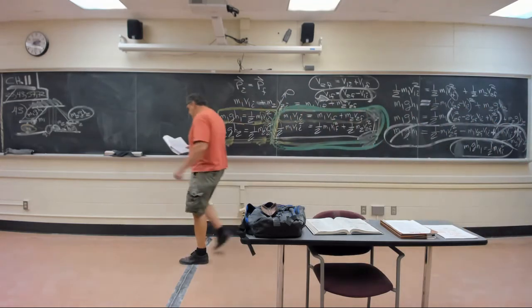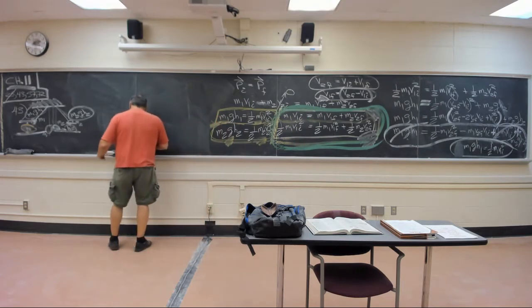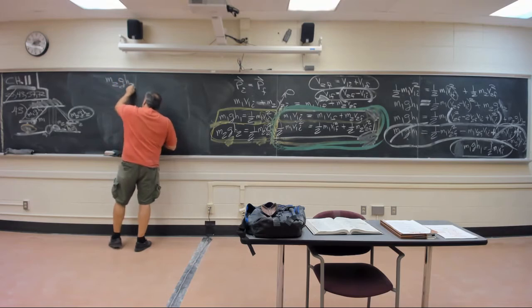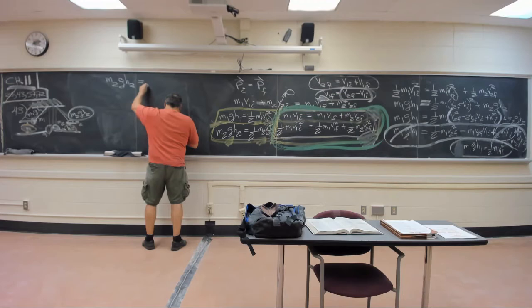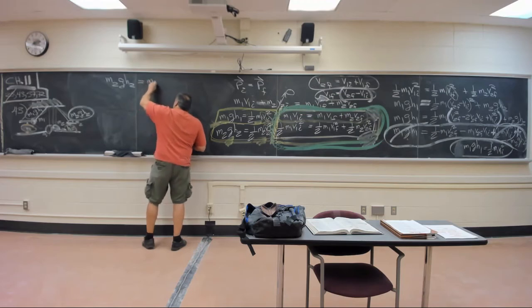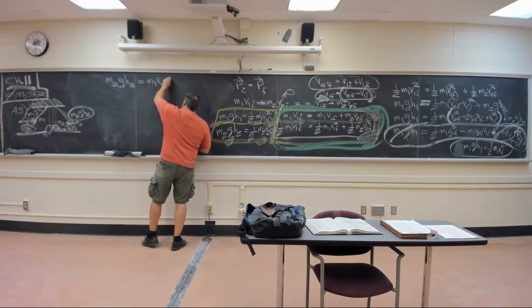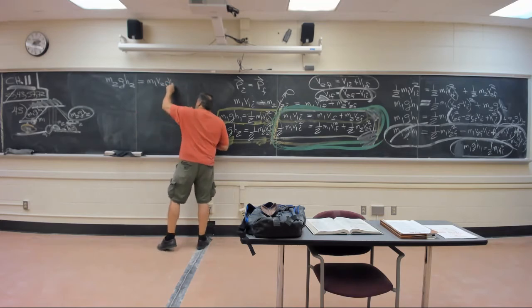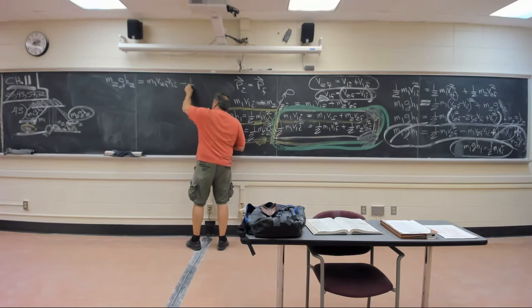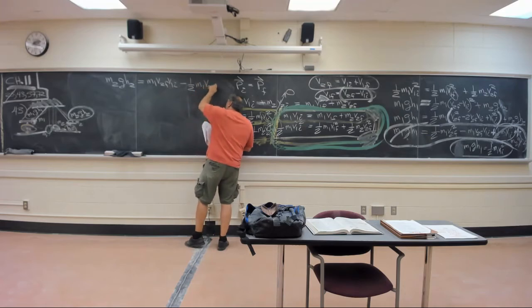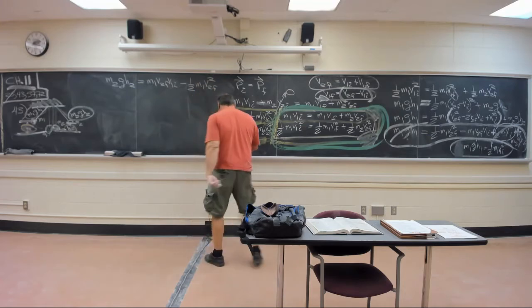What happens is we get M2GH2 equals M1 V2F V1I, a little odd looking situation there, but there it is, minus one half M1 V2F squared.